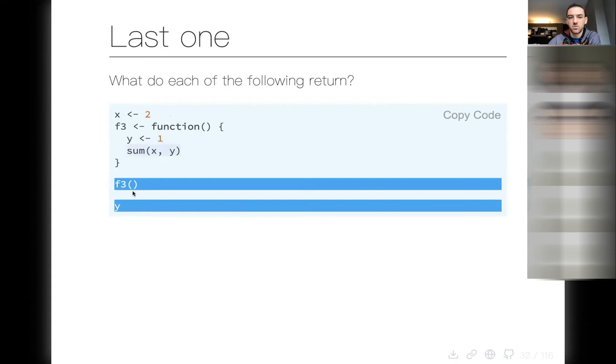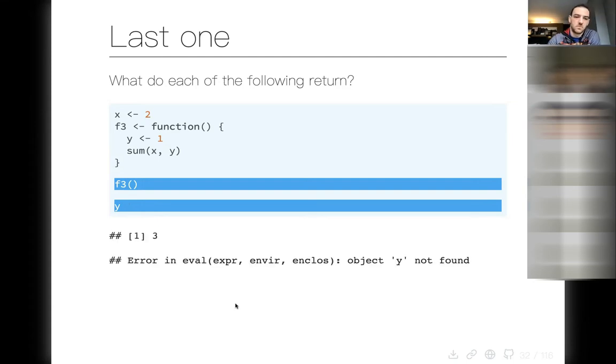So I'm summing x and y. First of all, when I run f3, take a guess just by yourself. What do you think that's going to return? And then if I try to print y, what do you think that's going to return? And this is what we get.